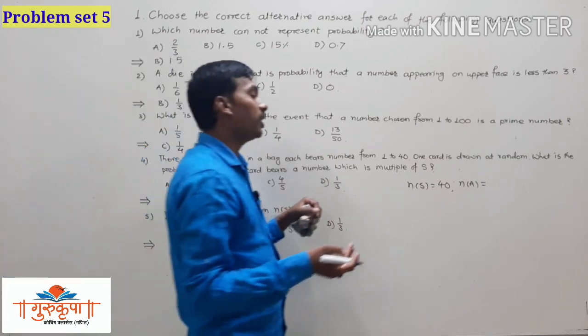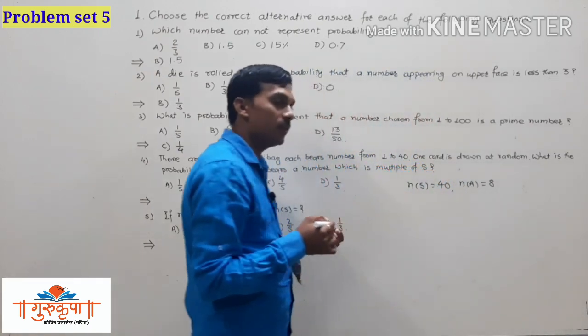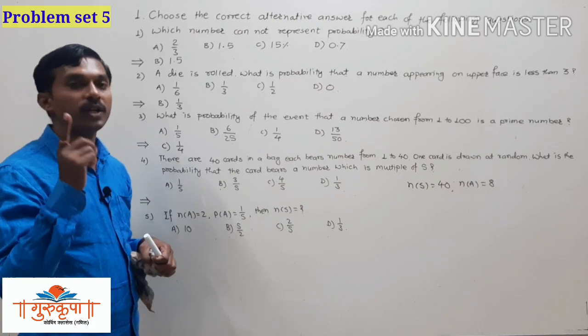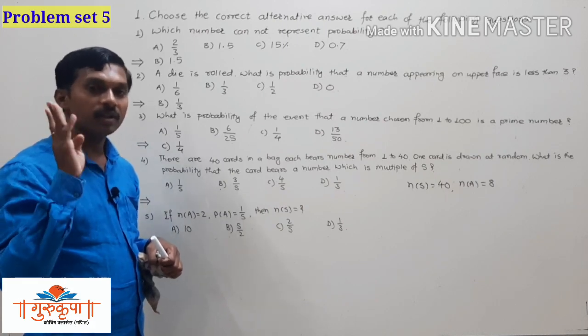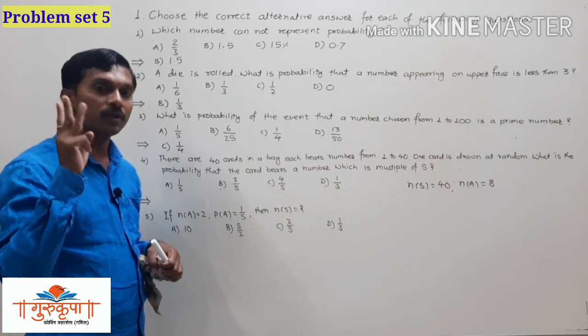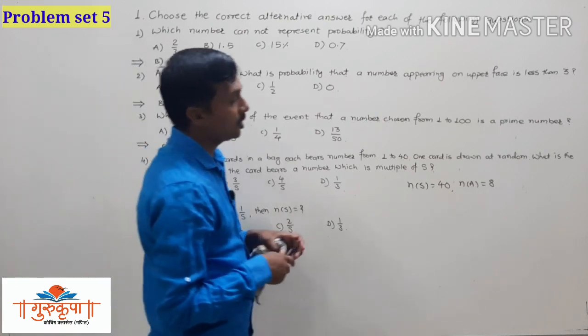So in total we have 5 and 3, that is 8 sample points.